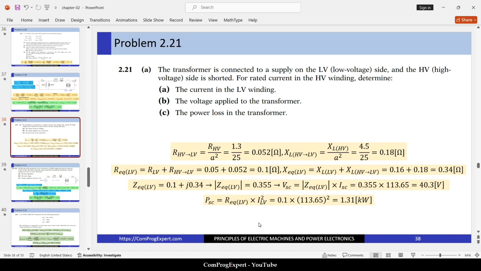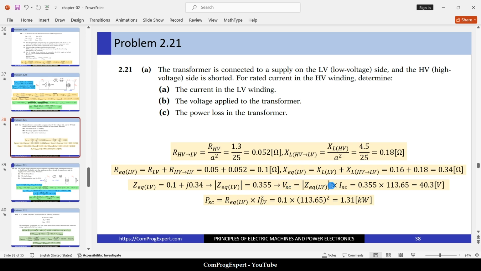So we can calculate the amplitude of the Z equivalent for the low voltage side, that is equal to 0.355. And finally, what is the value of the short circuit voltage?